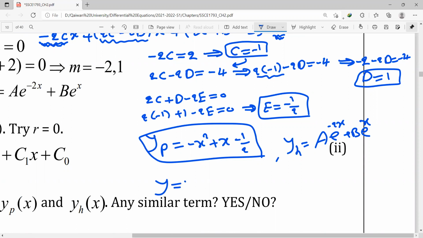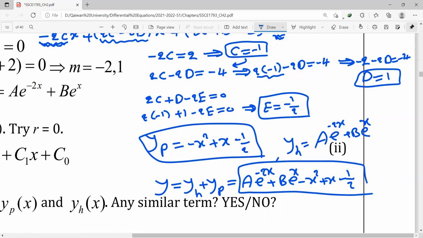So we see y equals yh plus yp, and equals a e to the power minus 2x plus b e to the power x minus x squared plus x minus a half. This is the solution of the differential equation. It's the sum of the homogeneous solution and the particular solution.